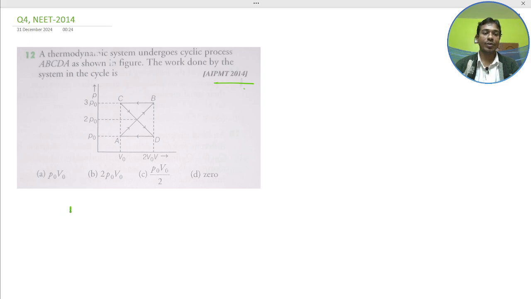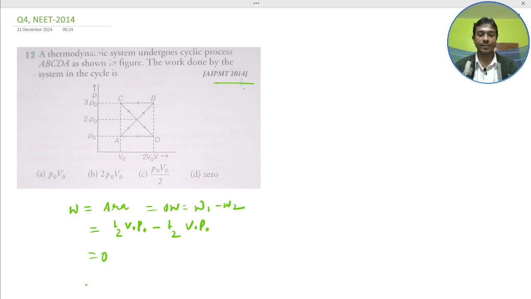You just know the work done equals the area under the curve, that is, half base times height, so ΔW is W1 minus W2 minus half V0P0, that would be 0. And one thing is, it is a cyclic process, so the work done should be 0. So D would be our correct answer.